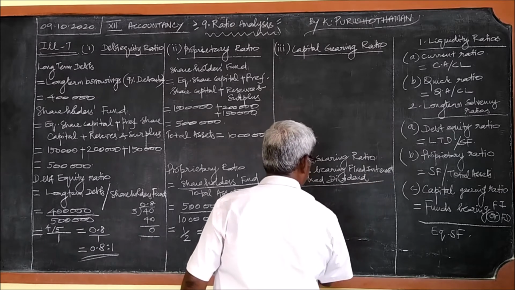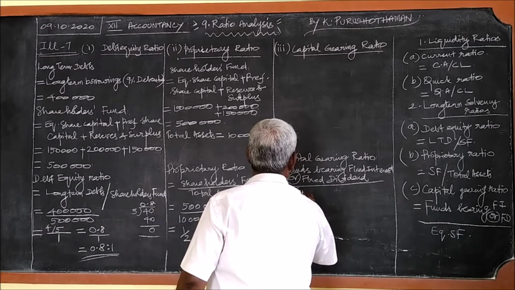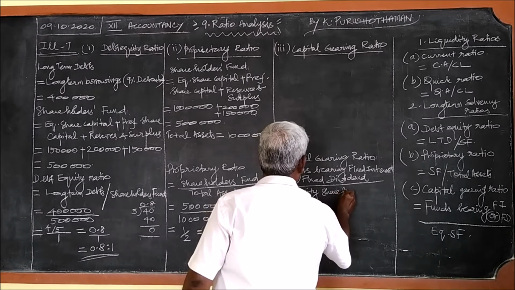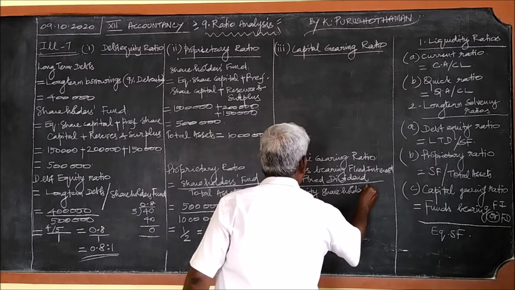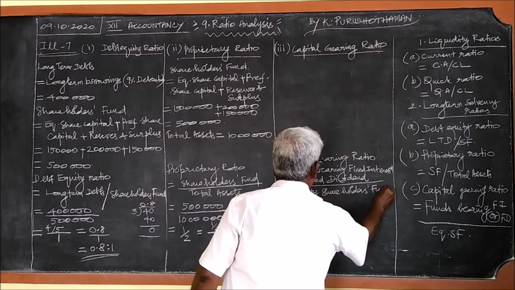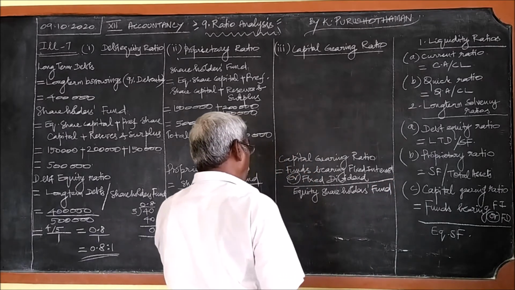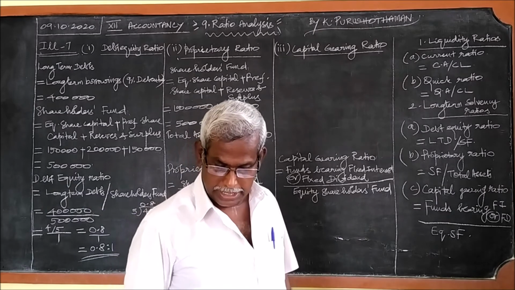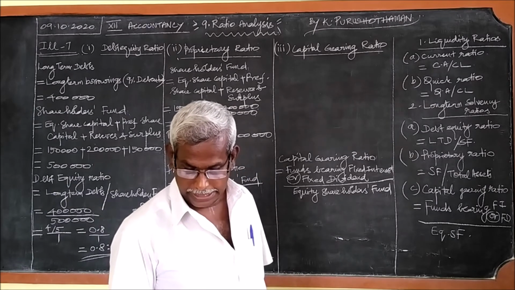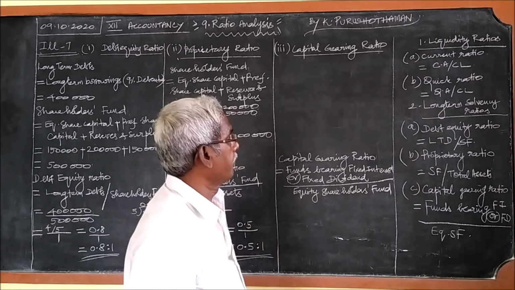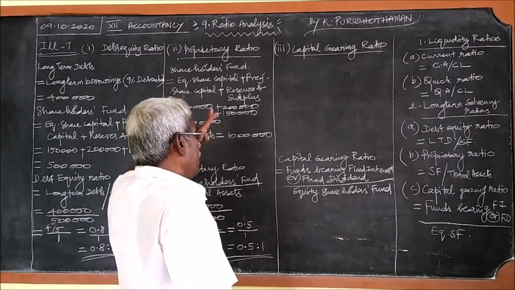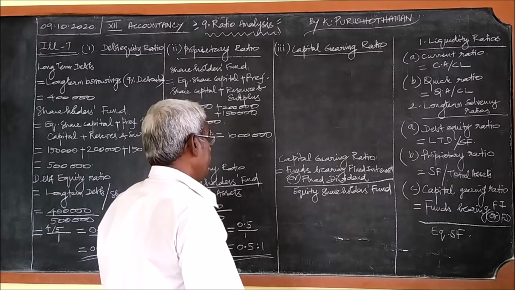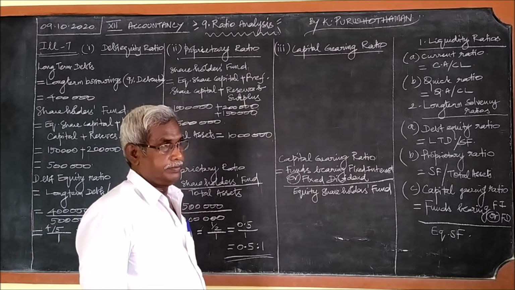Equity shareholders fund. Funds bearing fixed interest and fixed dividend. You can find these two items for which any shareholder can get a fixed interest, or for which a fixed dividend can be got.